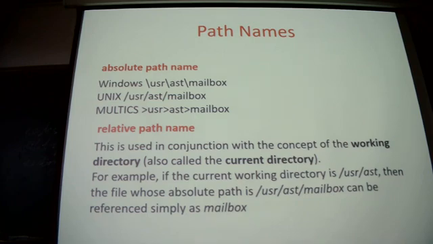Then, if we want to use the relative path name, this is the absolute path, and this is the working directory. Now we use this tool, and we can get the relative path. The relative path is just mailbox. We can see that in this path we didn't see a slash. If the path begins with a slash, it means this path is an absolute path.